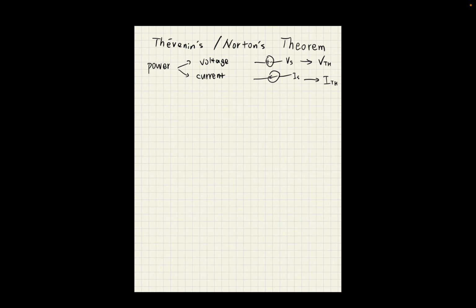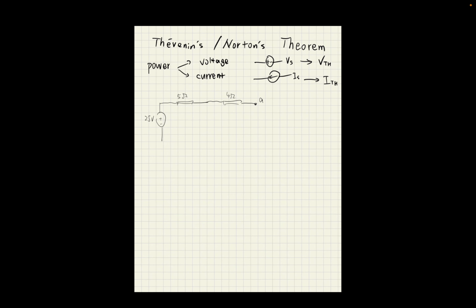To explain both of them, we use this circuit as an example. This is an ideal voltage source with 25 volts. This is a 5 ohm resistor, and this is a 4 ohm resistor.